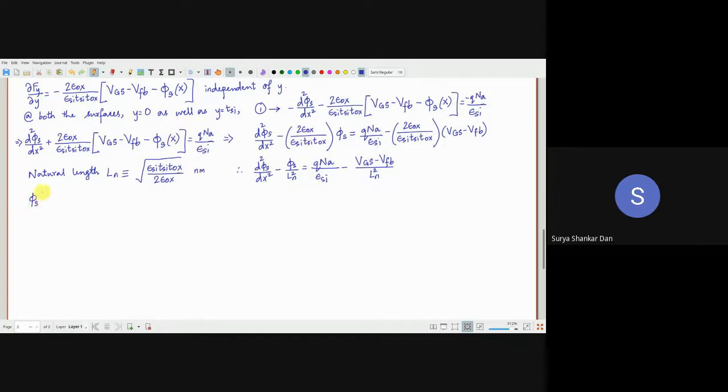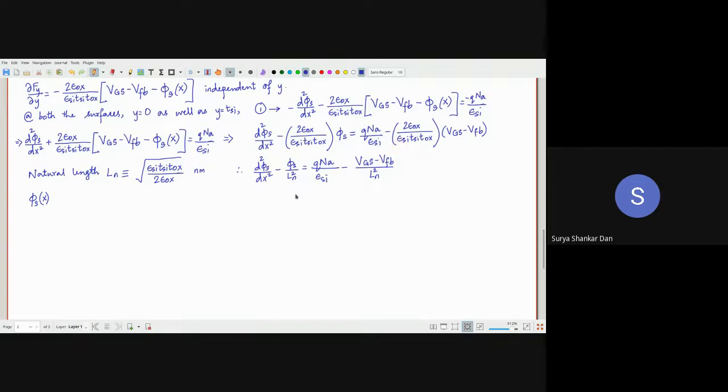Note, this is a second order differential equation, but of degree 1. There is no square term or anything. Now this is a second order differential equation only in x, no y business over here.